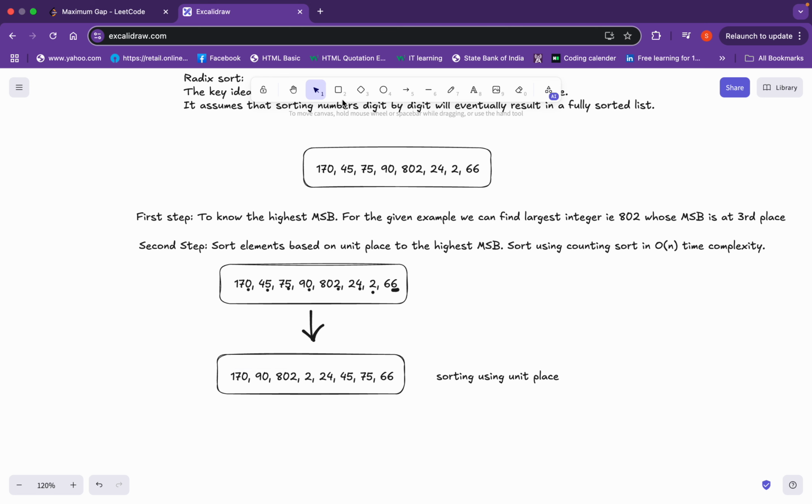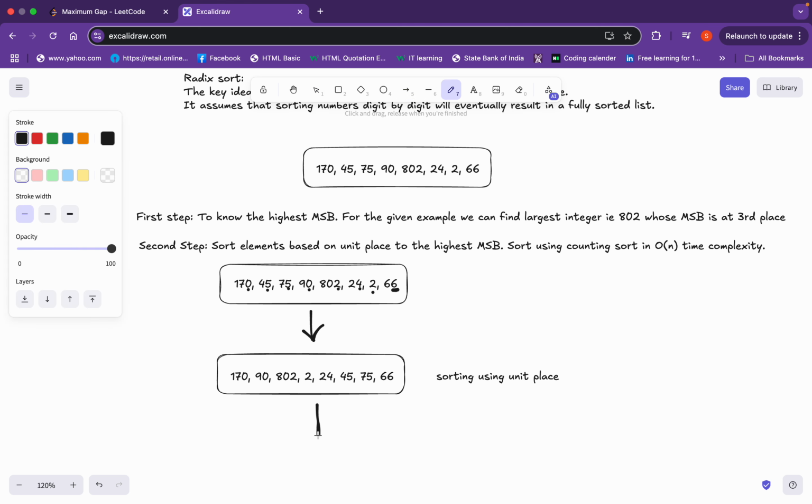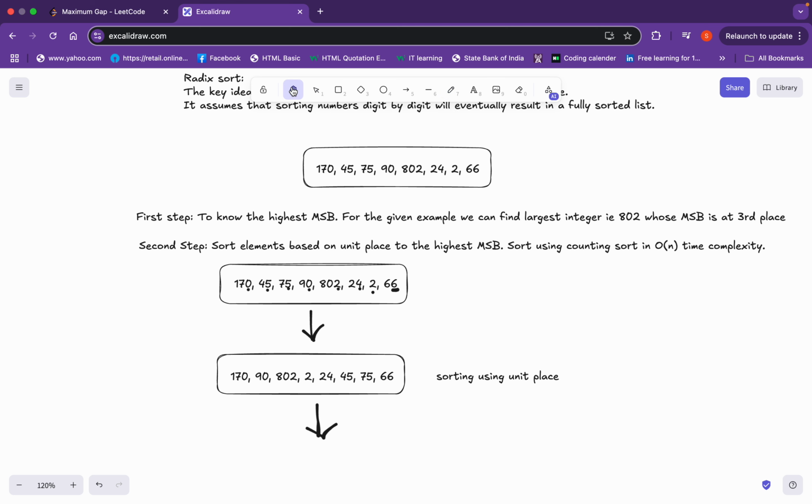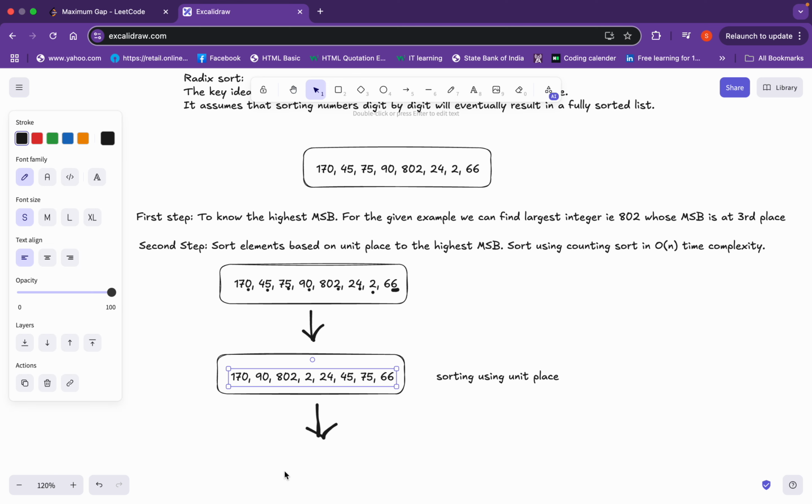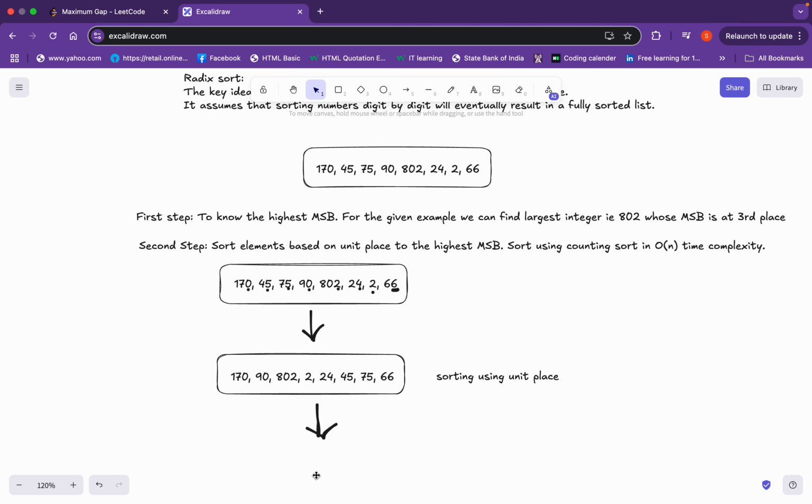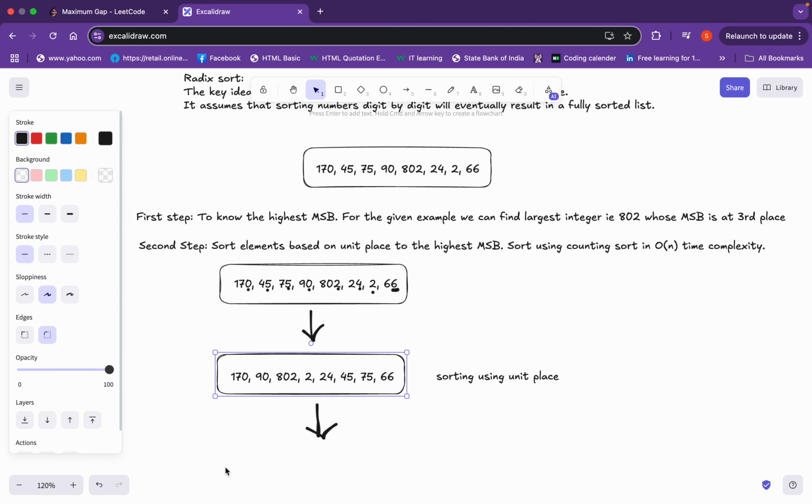Then after this we have to sort using tens place, keeping the positions at the correct places. So tens place.